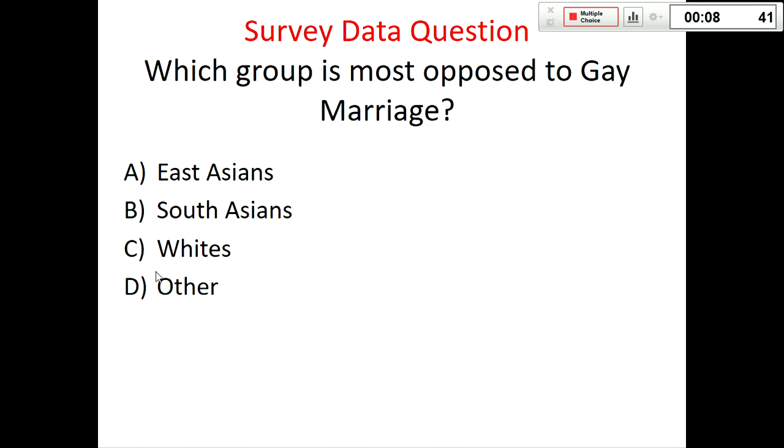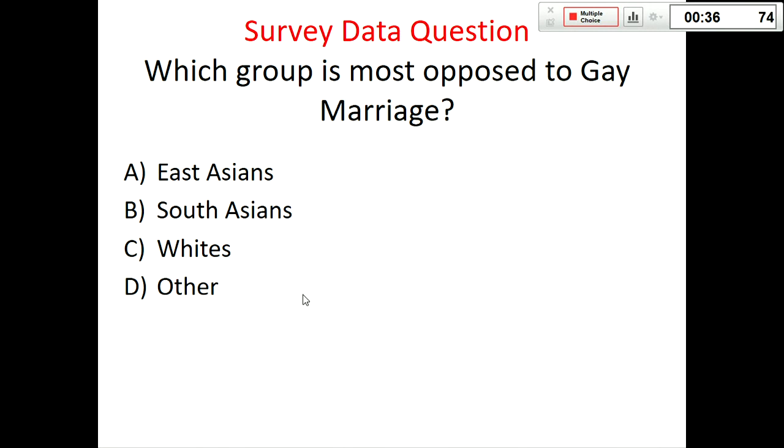In this class, there weren't enough of the other ethnicities to protect privacy, so I grouped everybody who wasn't black, Hispanic, or other: East Asian, which is China, Japan, Vietnam, Thailand, etc., or South Asian, which was India and Pakistan, and I put Indonesia there too, or white or other.